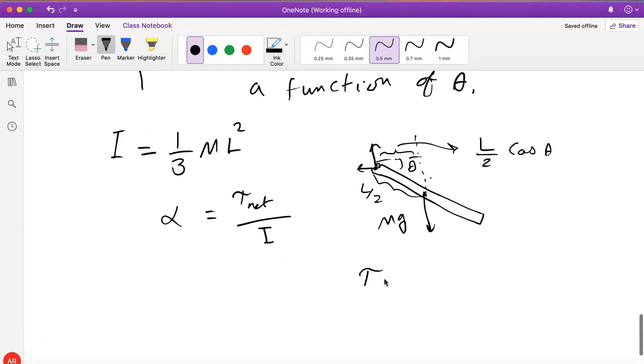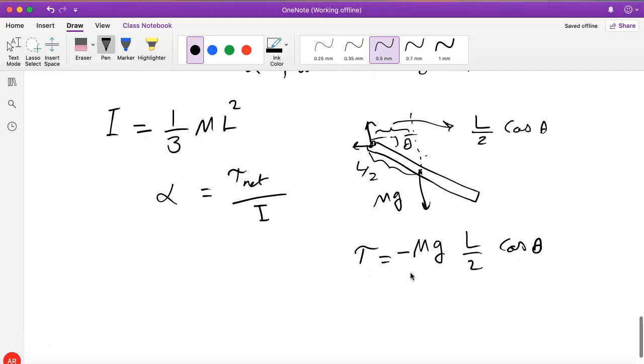So tau becomes mg L over 2 cosine theta. And then we're done. If you want to be careful with the sign, we can just say in words that it's clockwise, but you can also put a minus sign, just so the sign speaks for itself.